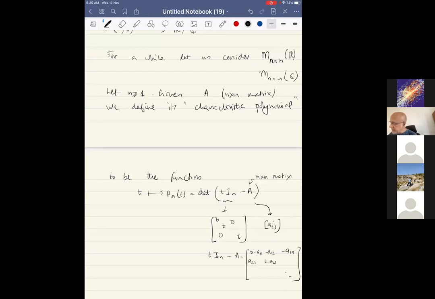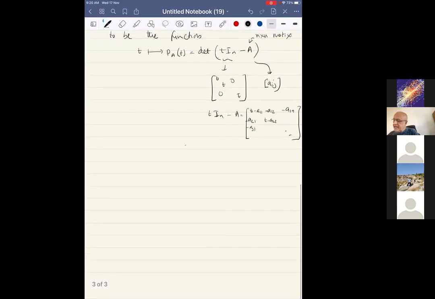I shouldn't forget these minus signs here, minus a31, etc. And then you take the determinant of that. The det of this matrix is p_A(t). So as t varies, you get a function of the scalar t.